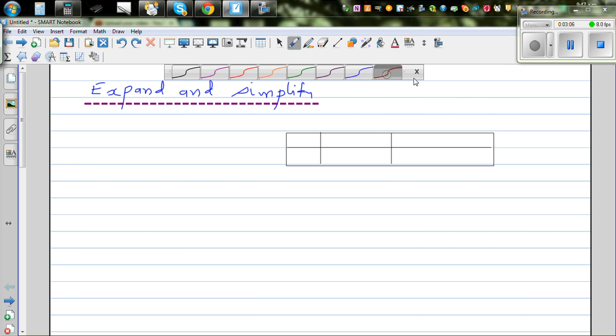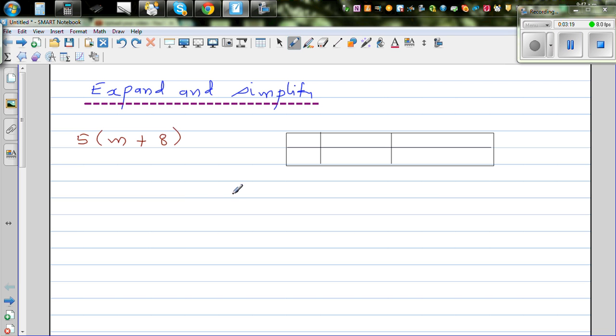Now before we make it complicated, let's use the same concept in algebra. So if it is, say, 5 times m plus 8, suppose this is what you get in algebra. This is the same as what we did previously. So this is 5, there's no multiplication sign, but it is times.